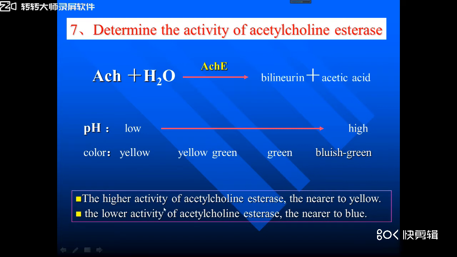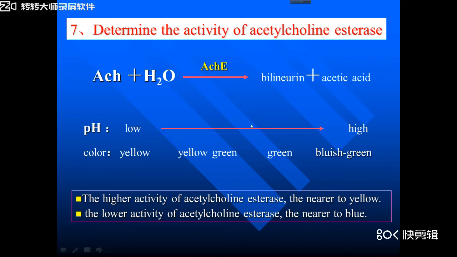The higher the activity of acetylcholinesterase, the nearer to yellow. The lower the activity of acetylcholinesterase, the nearer to green to blue. So from this, we know that acetylcholinesterase in high activity gives light color, yellow, and acetylcholinesterase in low activity gives dark color, green or blue.